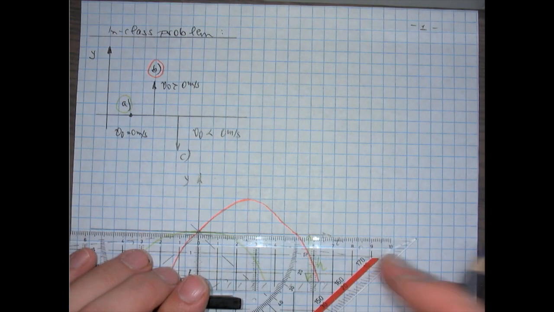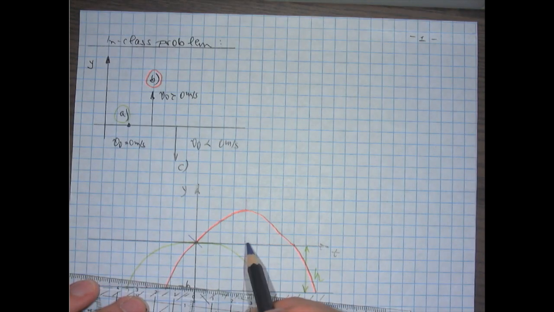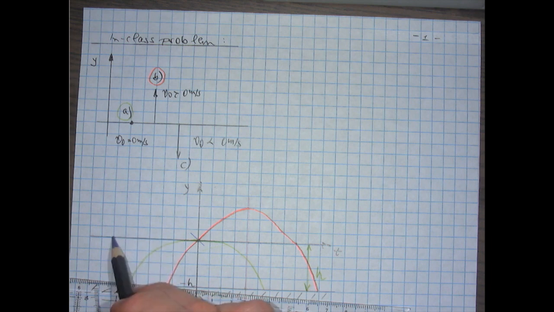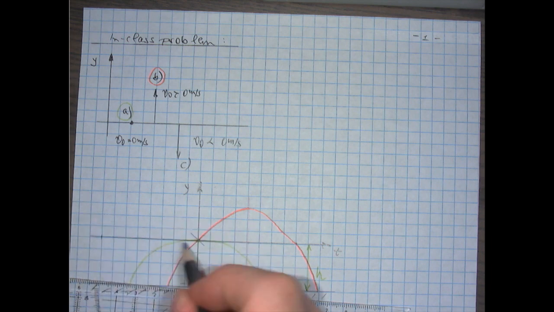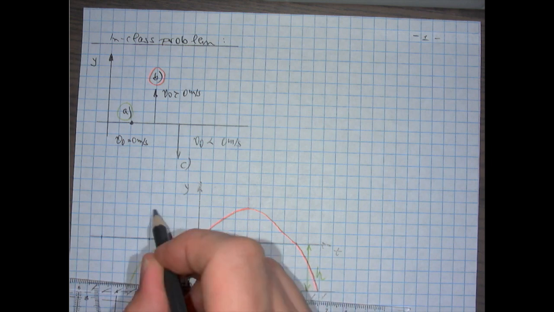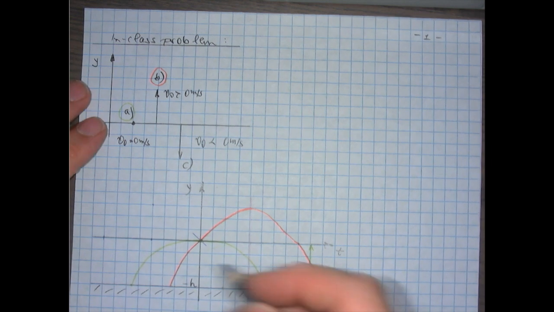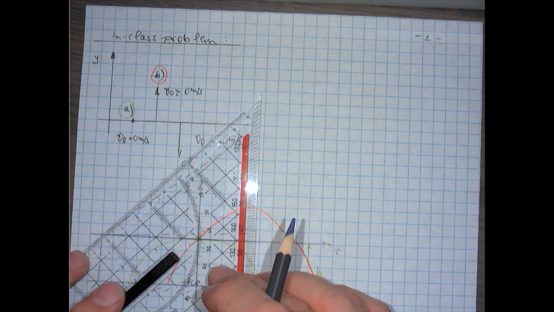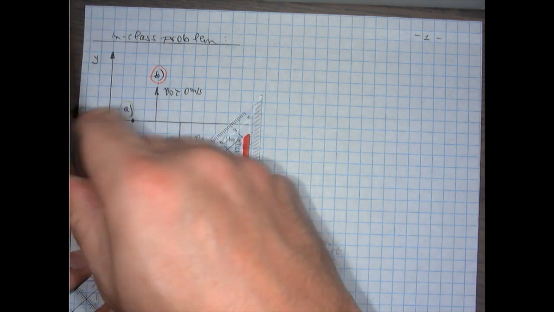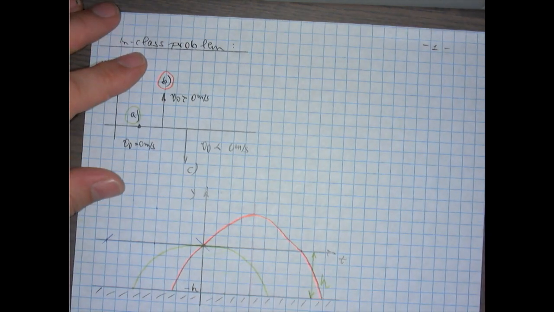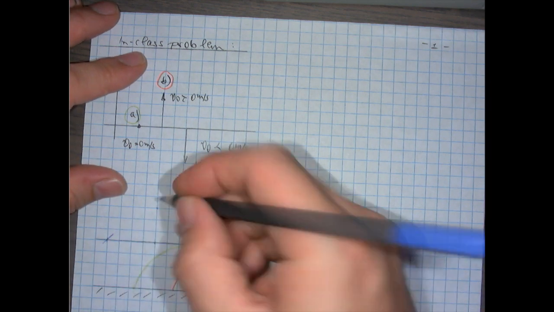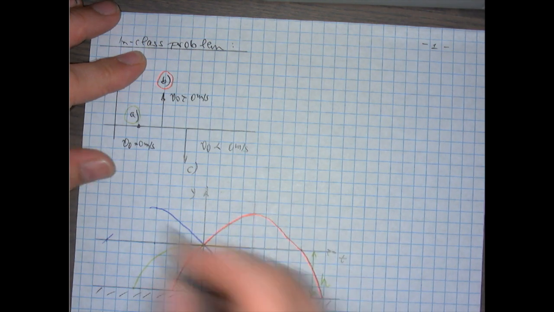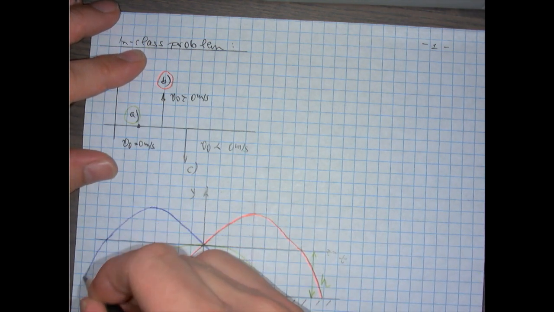Roughly here. The maximum occurs exactly here. Same thing. And then here the slope here. Write it like this here. So therefore we can then sketch the parabola like this here.